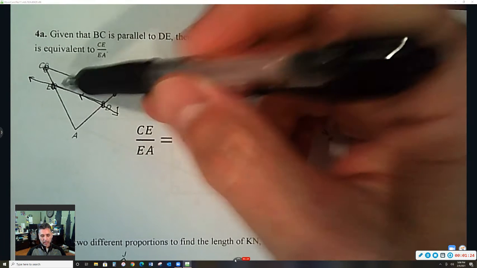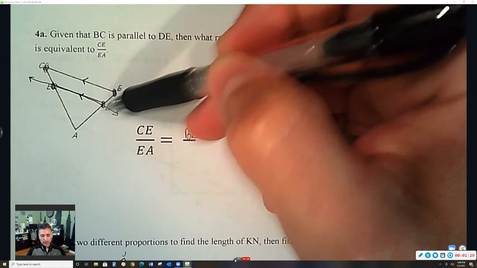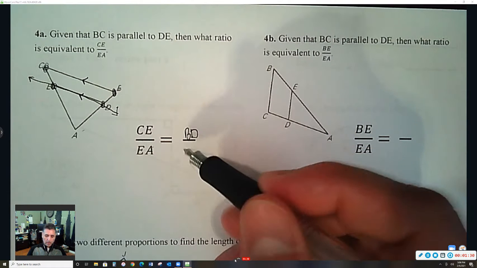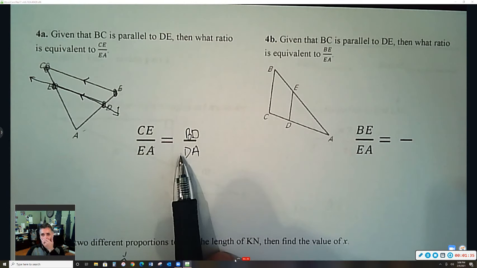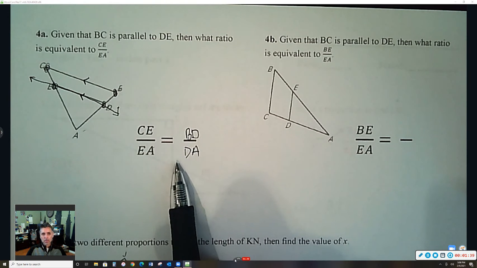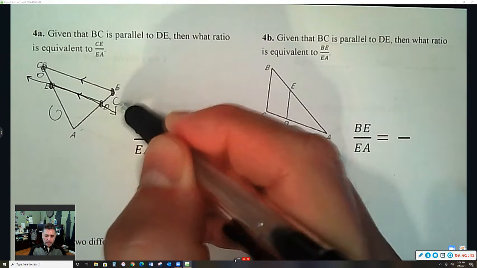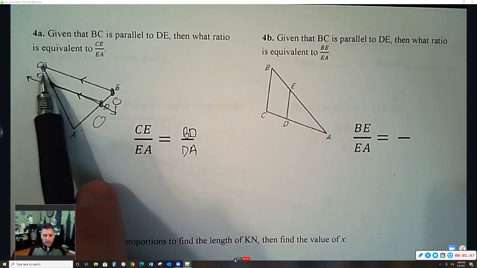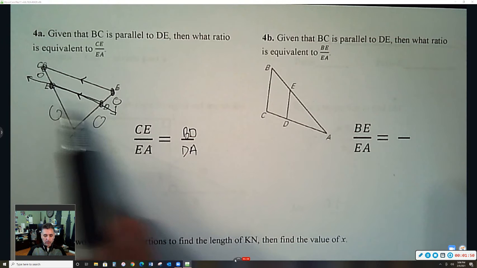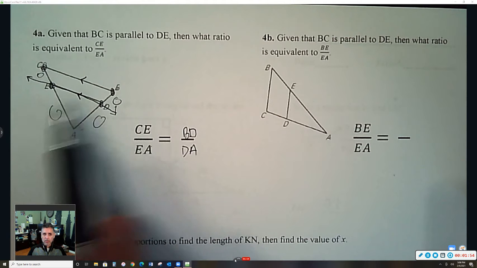And then EA is these bottom ones, which matches up with DA. That's all we're doing there, finishing the proportion. You just have to know there's 4 segments, and then you write this one divided by this one, divided by this one. But remember, you can go across this way also.